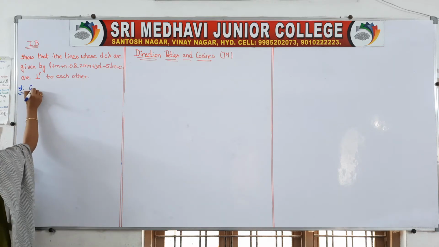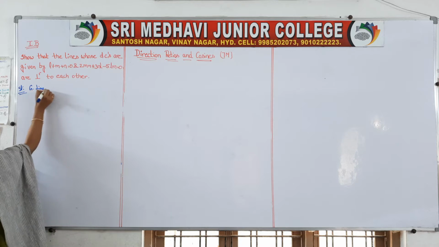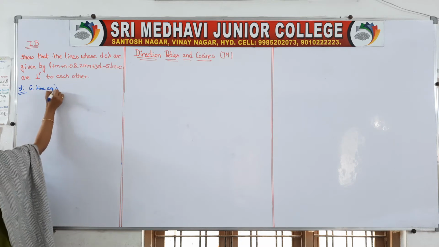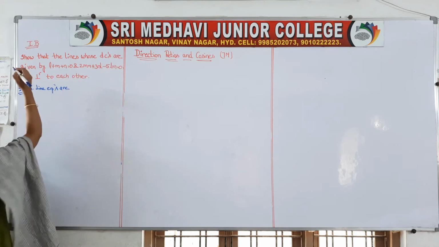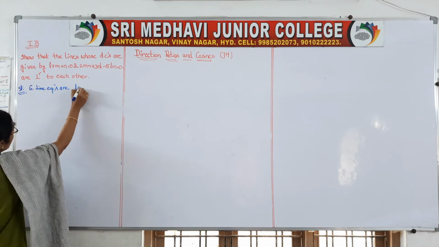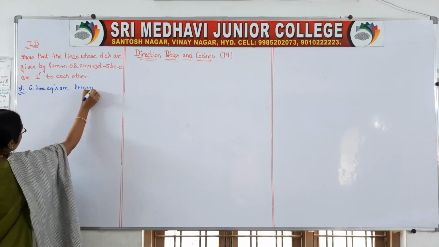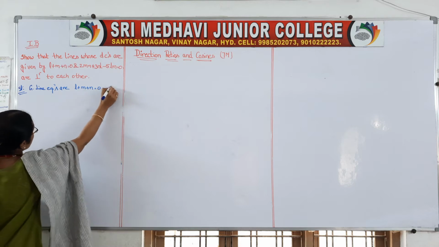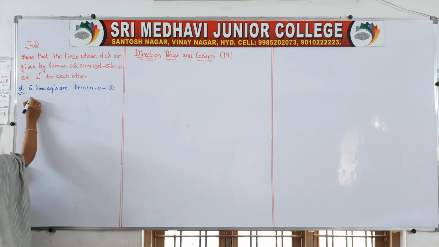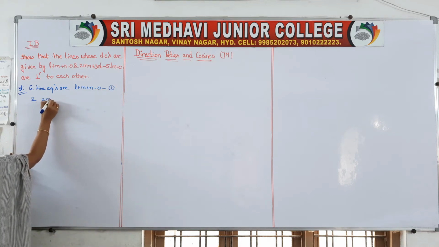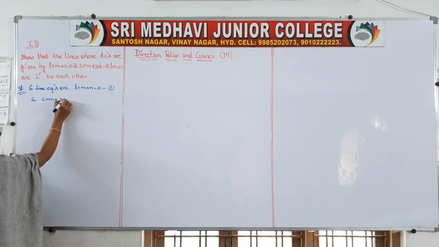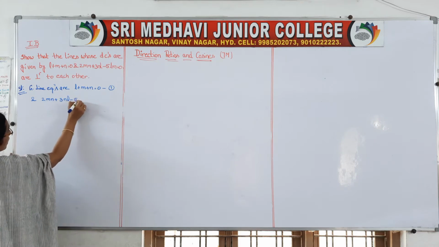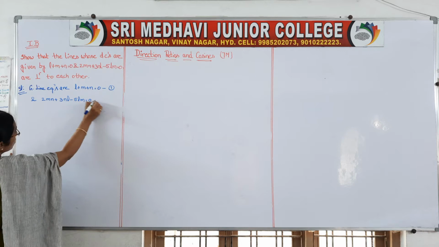So given line equations are: first, l plus m plus n is equal to 0. This is the first equation, and 2mn plus 3nl minus 5lm is equal to 0.